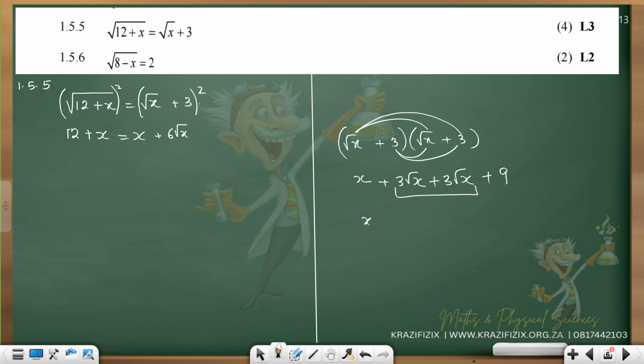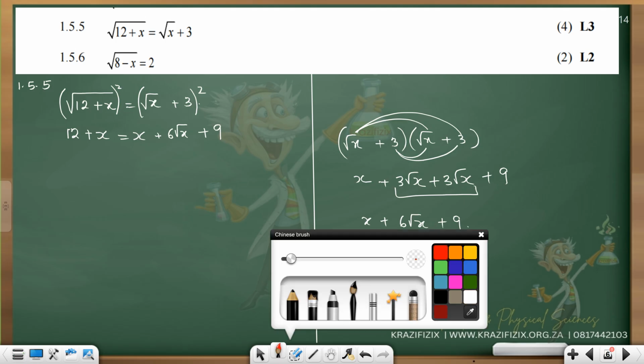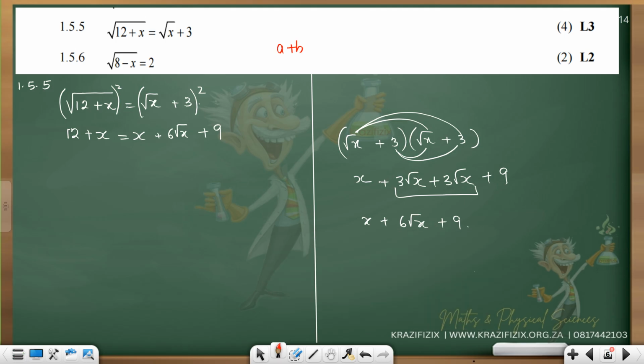So you would notice what we have there, x plus 6 root x, like terms. Okay, so you must know how to FOIL in one step. Remember, the FOILing method is simply a plus b squared, a squared plus 2ab plus b squared. So you must know how to do it in one step.